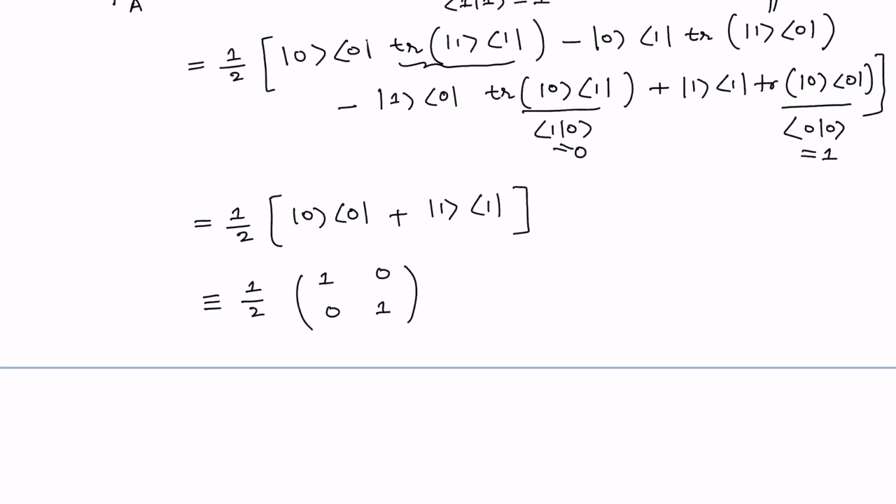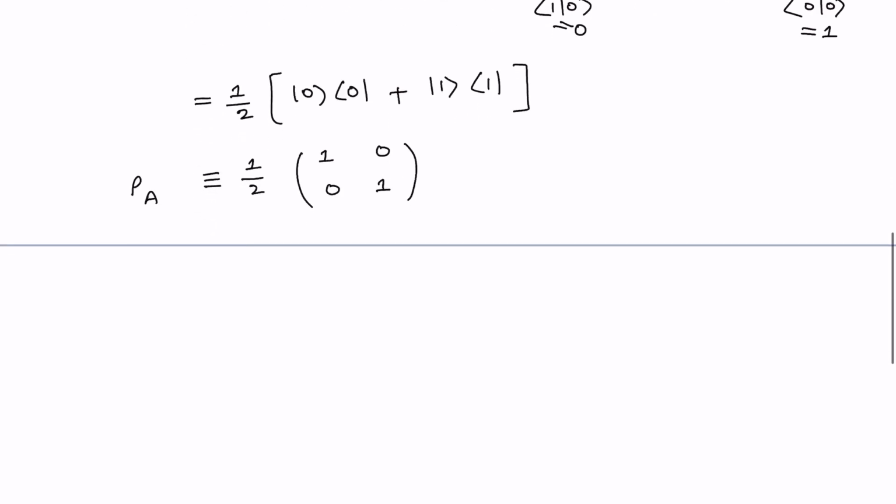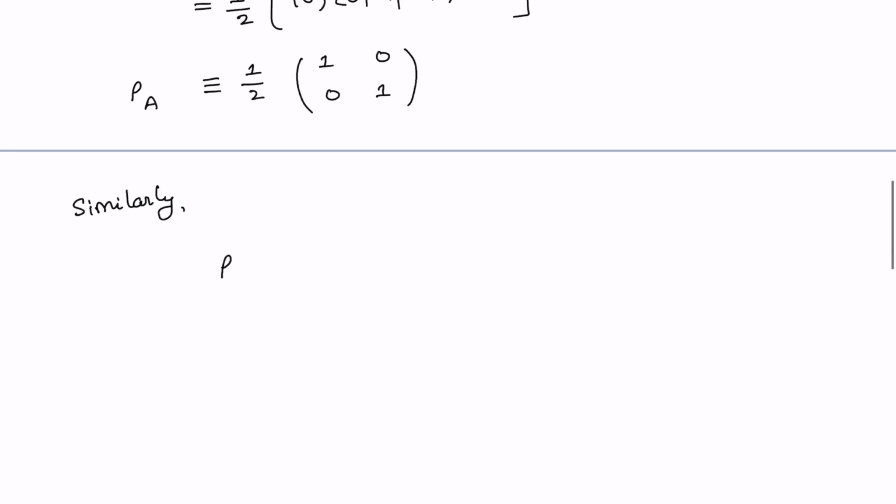So this is the density matrix for the subsystem A. Similarly, we can work out the density matrix for the subsystem B. If you do that, you just have to take the trace over subsystem A, trace out system A, and then you will get the density matrix for the subsystem B. It is very easy to do.